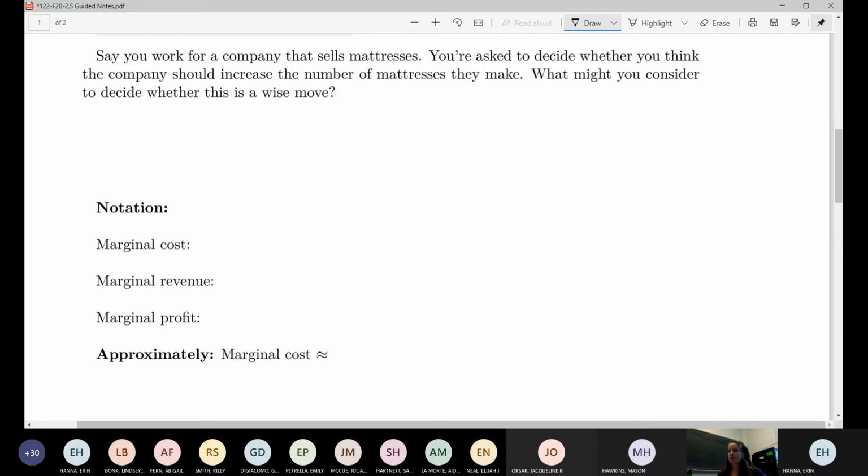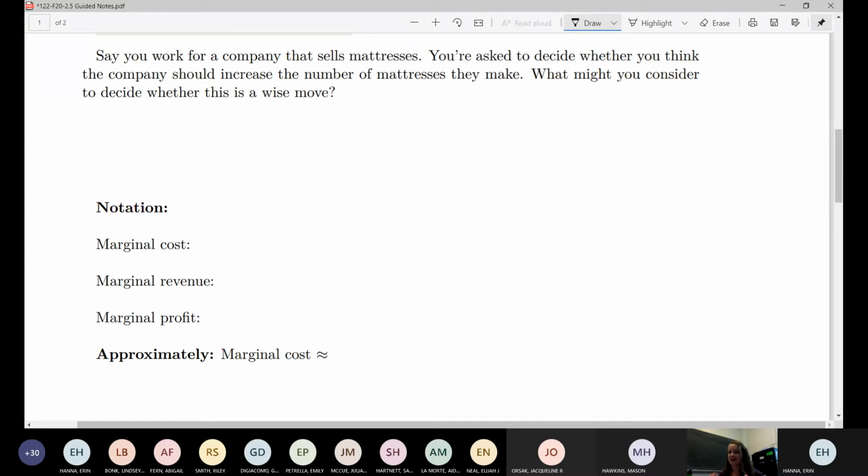So what would we really want to happen in that case for you to tell them that it would make sense for them to make an extra mattress? Usually in class, I'd make you think about it for a little bit and then answer me, but whatever, I'll just go with it. If you want to increase your production, you would want to make sure that's going to give you extra money and specifically extra profit.